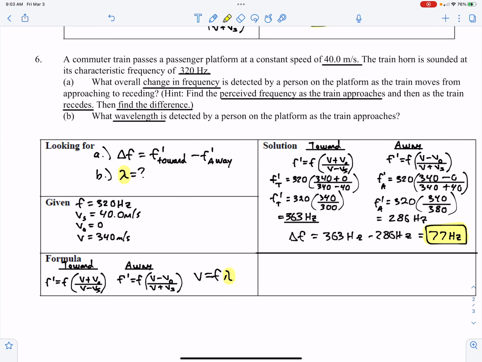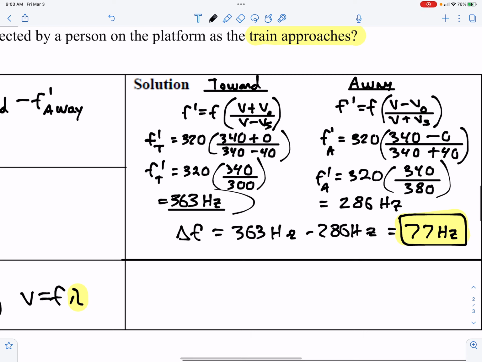Okay. Part B, what is the wavelength detected by the person as the train approaches? So specifically, I want the frequency as the train approaches. Using our equation, v equals f lambda. Okay, solving for lambda, we have to divide by the frequency.